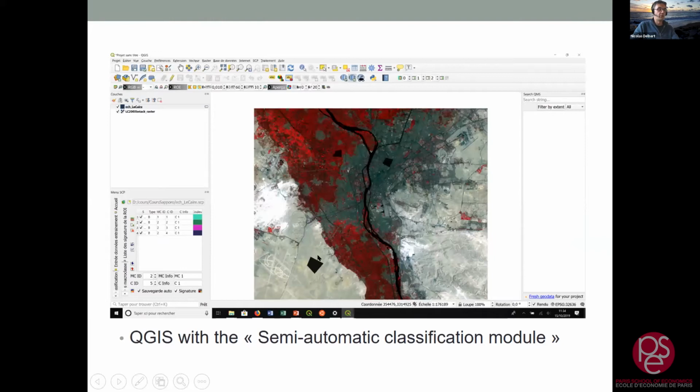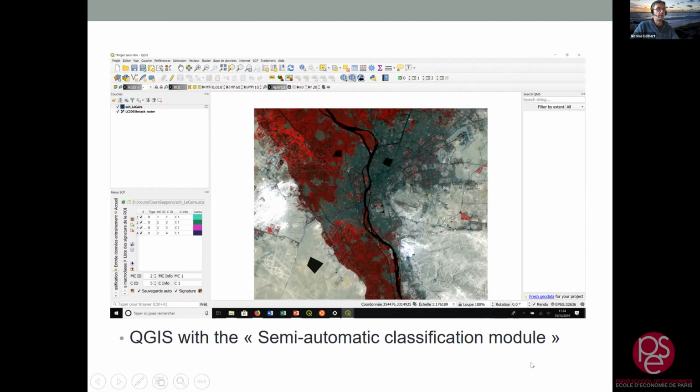We make some samples. Here I make a very simple example with only one polygon for each class. This is done with QGIS, a free software, with the semi-automatic classification module, which is also a free module that allows to make this classification.